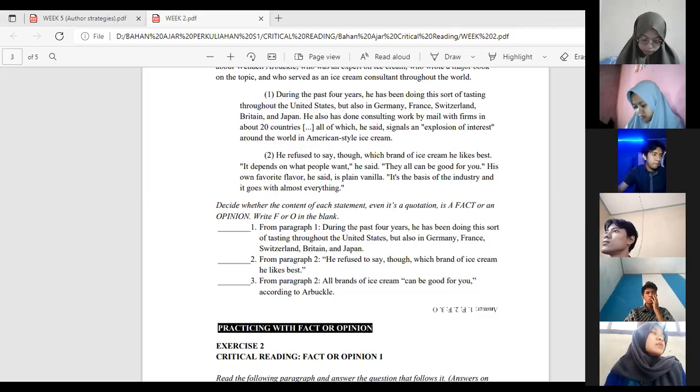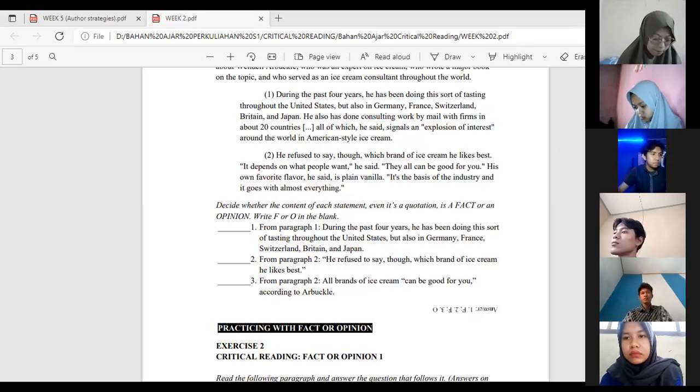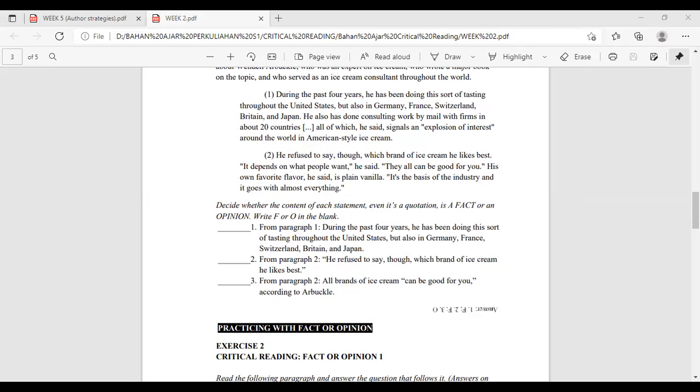Our topic is the author strategies. Let's open the material first. It's about the approaches.